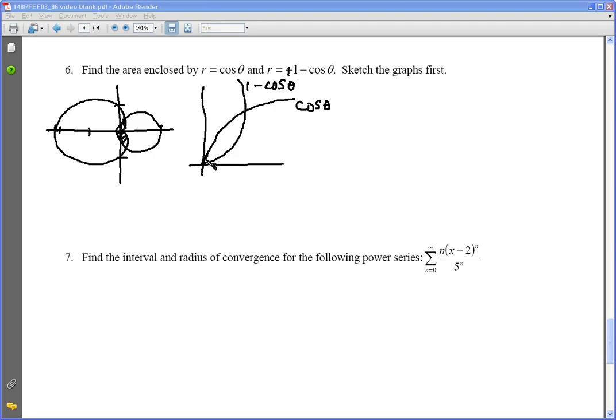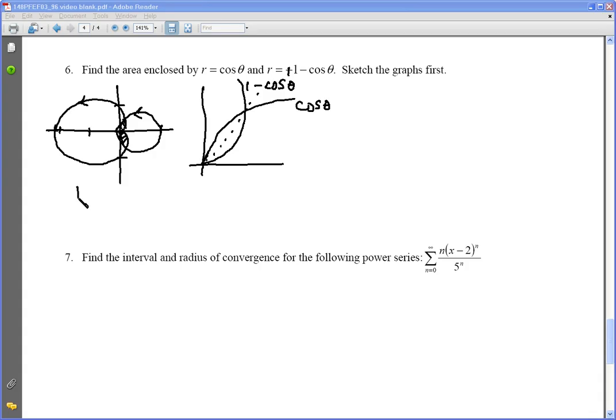Okay, so first we have to find this angle right here, and 1 minus cosine theta and cosine theta, these guys are both oriented counterclockwise. So when we find the angle, the same angle will be given this point rather than an angle that's pointing the opposite direction, because you don't have the negative radius to deal with.